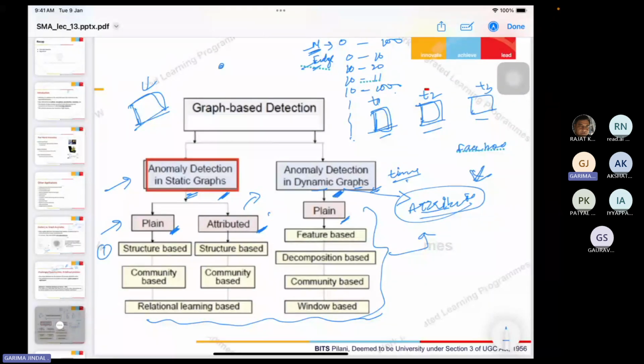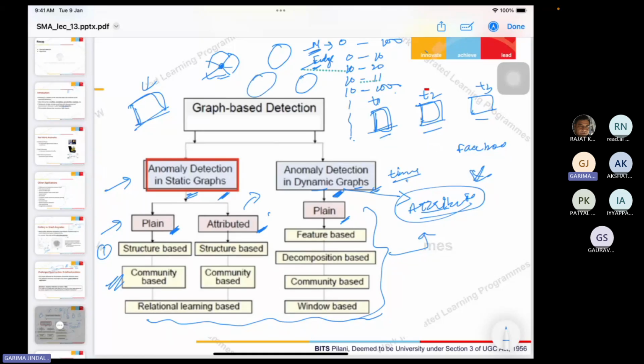I have this node, and along with this node I have to see what the neighborhood is and how this node is connected to its neighborhood. Whenever we are considering the structure of a node, that can be considered as one set of algorithms. Then after that we might have communities, so I might detect the communities in the network.